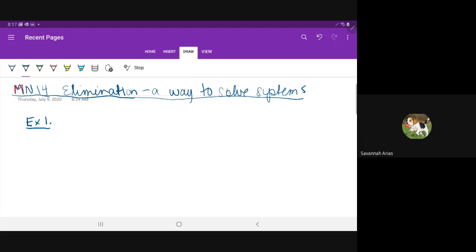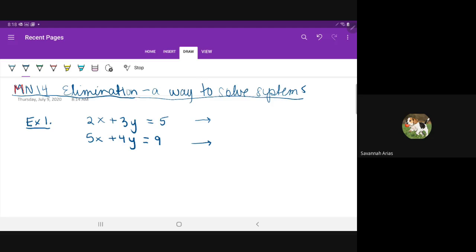Example 1. It looks like this. I'm going to write the instructions below my example because I'm going to make my steps go sideways just for the first step.